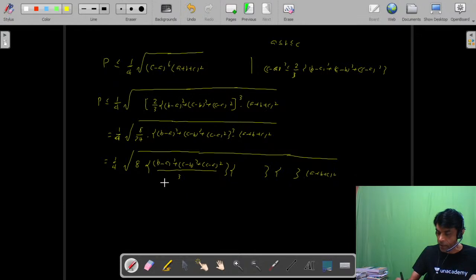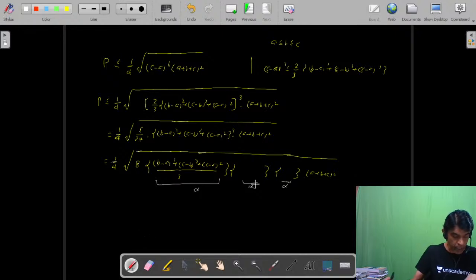If you call this whole thing alpha, then this is alpha and alpha, right? Alpha cubed. Why alpha cubed? Because of course I want to apply some kind of AM-GM, that okay, I may apply like this one. So I wrote like this here. Till here it is fine.